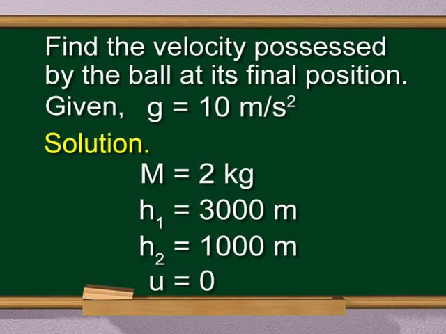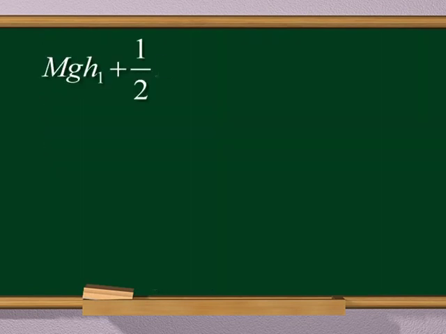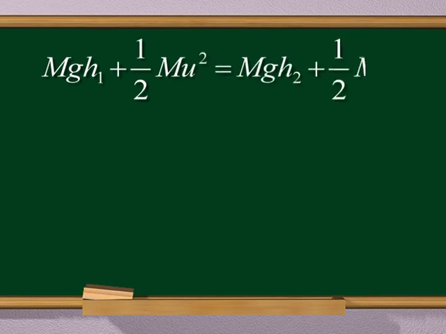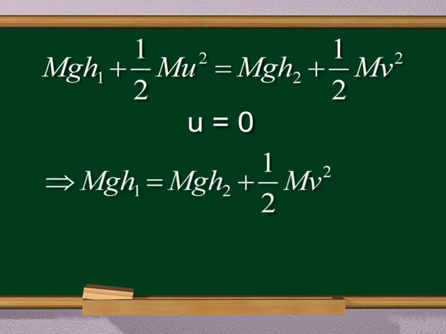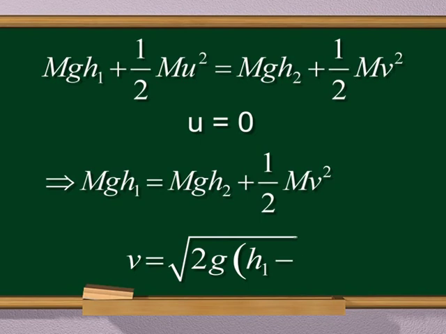Now, according to the law of conservation of energy, mgh1 plus half mu square is equal to mgh2 plus half mv square. Since u is equal to 0, mgh1 is equal to mgh2 plus half mv square, or v is equal to under root 2g into h1 minus h2.